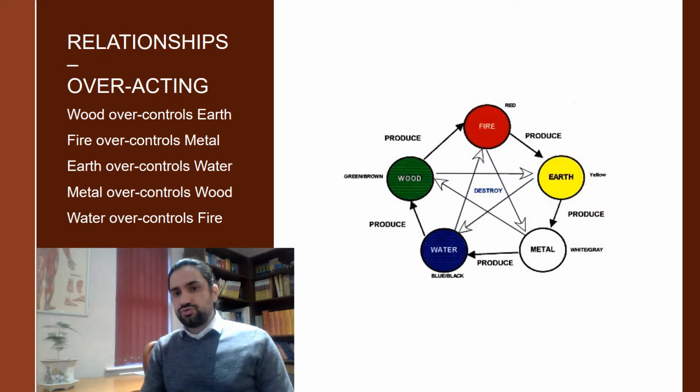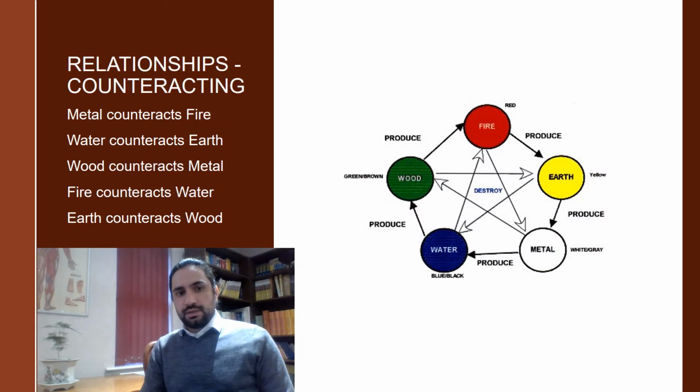Overacting is an extreme form of control, as we can imagine that if these roots that I mentioned previously grow too strong, they can destroy, they can damage the earth. So within this relationship, we need to look at each individual element as having the capacity to overact and being overacted upon.